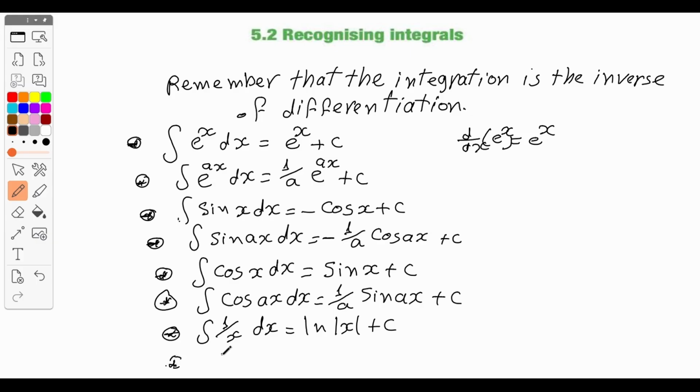And if we have the integral of 1 over ax dx, it's 1 over a ln of the modulus of ax plus c. This is all the key information, or all the identities, that we are going to use in this topic.